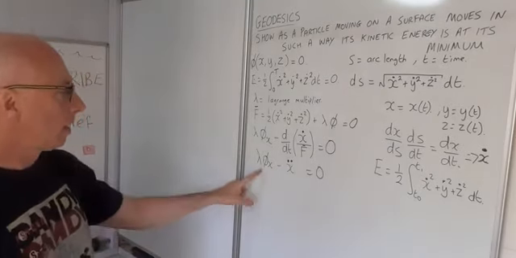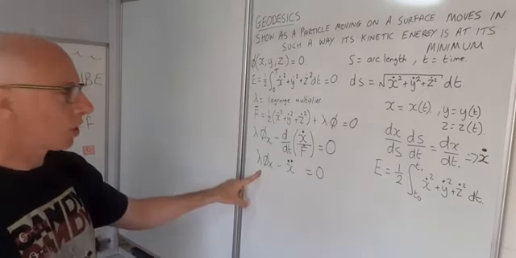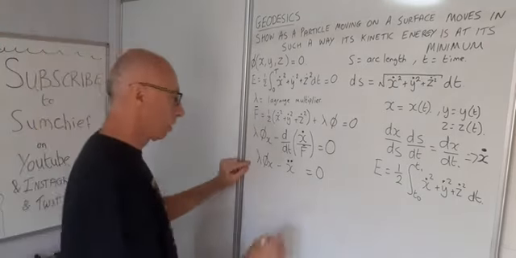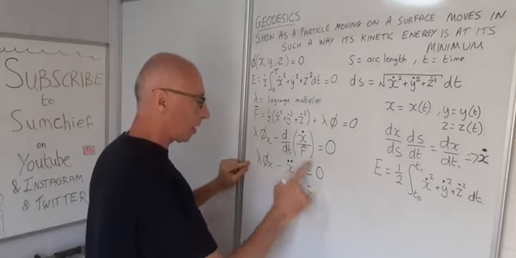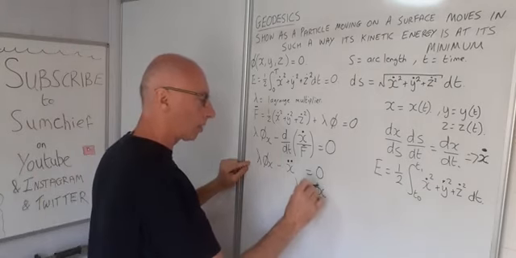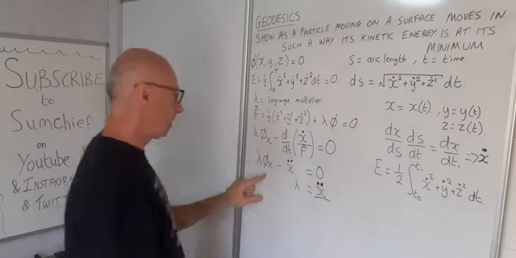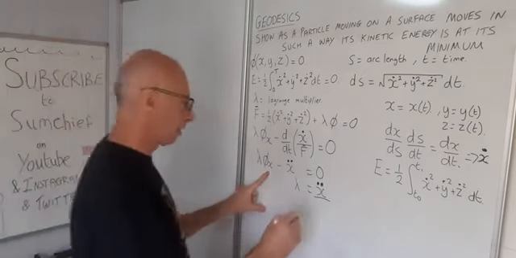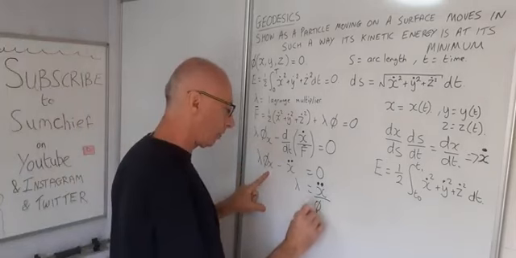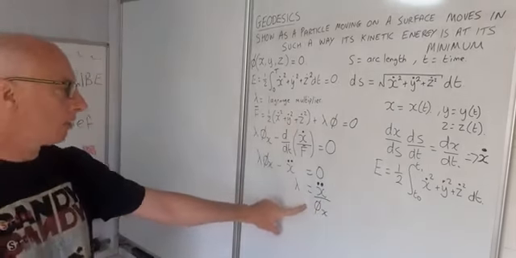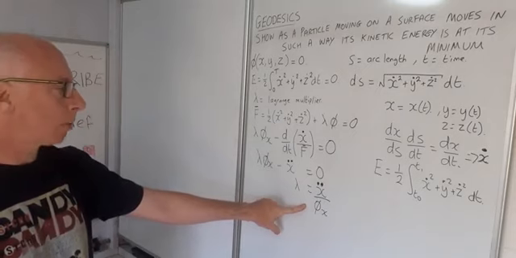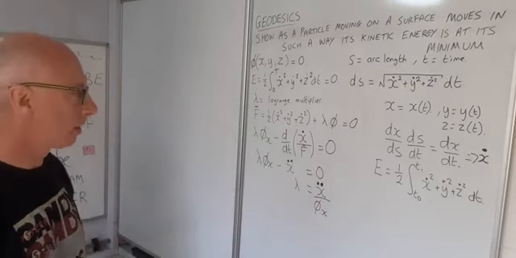Okay, so now we need to try and get lambda, which is our Lagrange multiplier, on its own. So now lambda equals, take this x double dot over to the other side, and then divide it by phi of x. So that's our partial of phi with regards to x. So that will give us our Lagrange multiplier with regards to x.